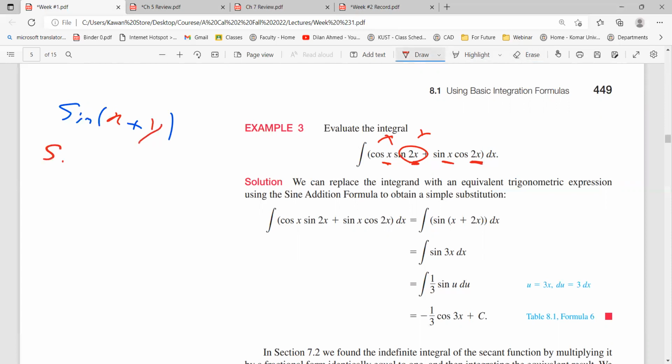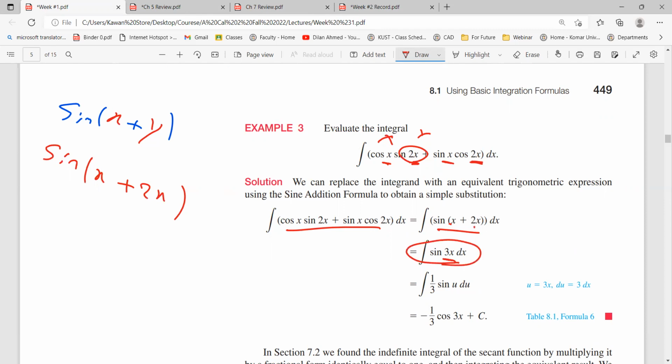Now I'm going to change to x plus 2x. Understood what I did? So instead of these rules together, which I cannot solve by any method, I'm going to summarize it to make one part. So I can see that one is equal to that one, and I know 1 plus 2 is equal to 3. And I know how to solve that one.